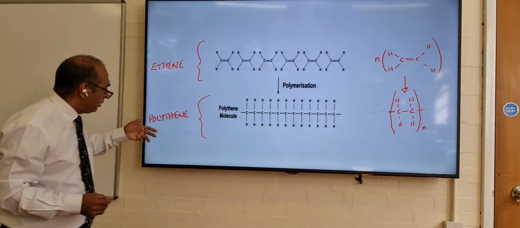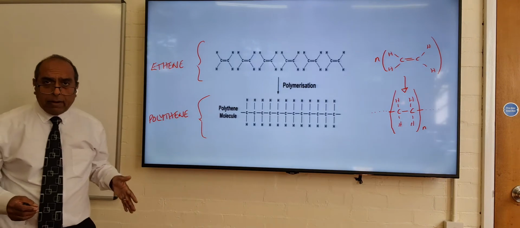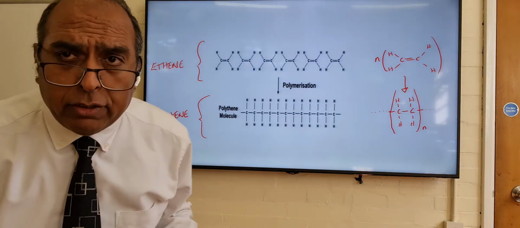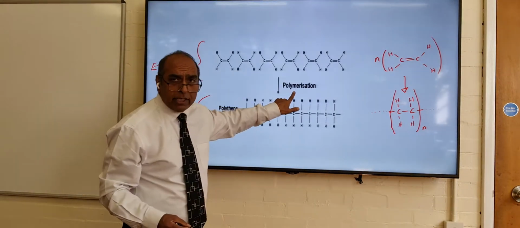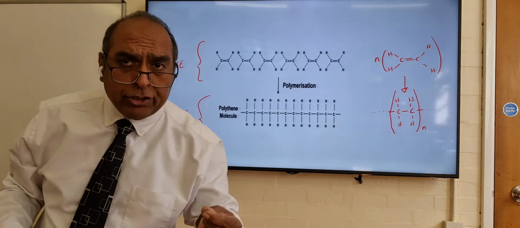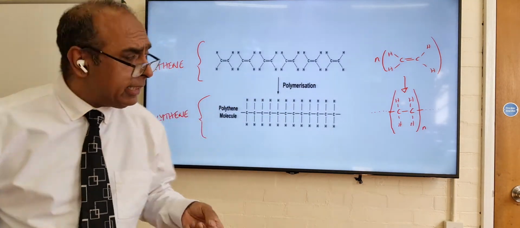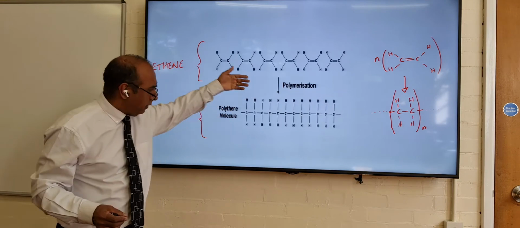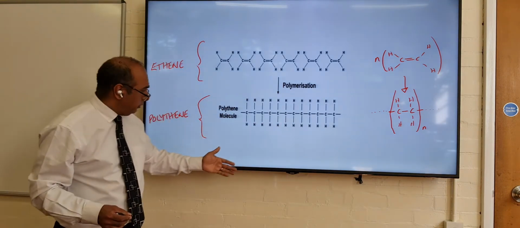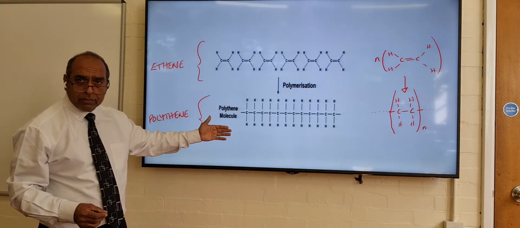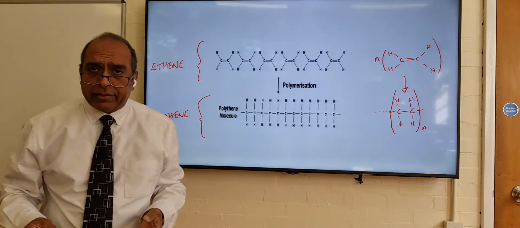Many ethene molecules will polymerize via addition polymerization, making polythene molecules, and they're used for shopping bags.